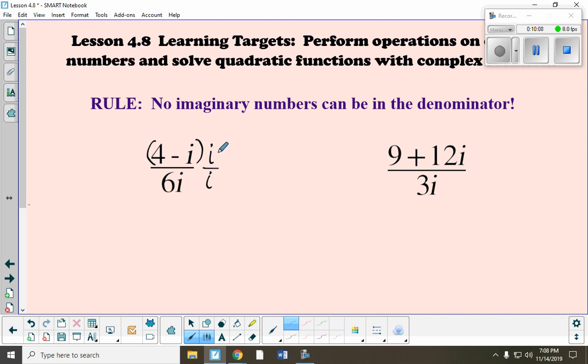So i over i is the same as 1. And so you can multiply by 1 without changing the value. So what this does for us is in the numerator we would have 4i minus i squared. In the denominator we would have 6i squared. So i squared equals a negative 1, so we'll substitute that.